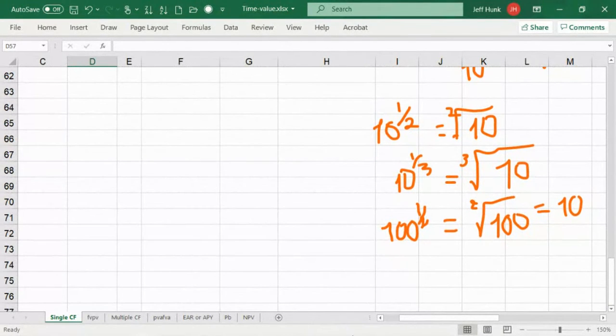When I ask you this question, we can also tell what's the cubic root of 1,000.